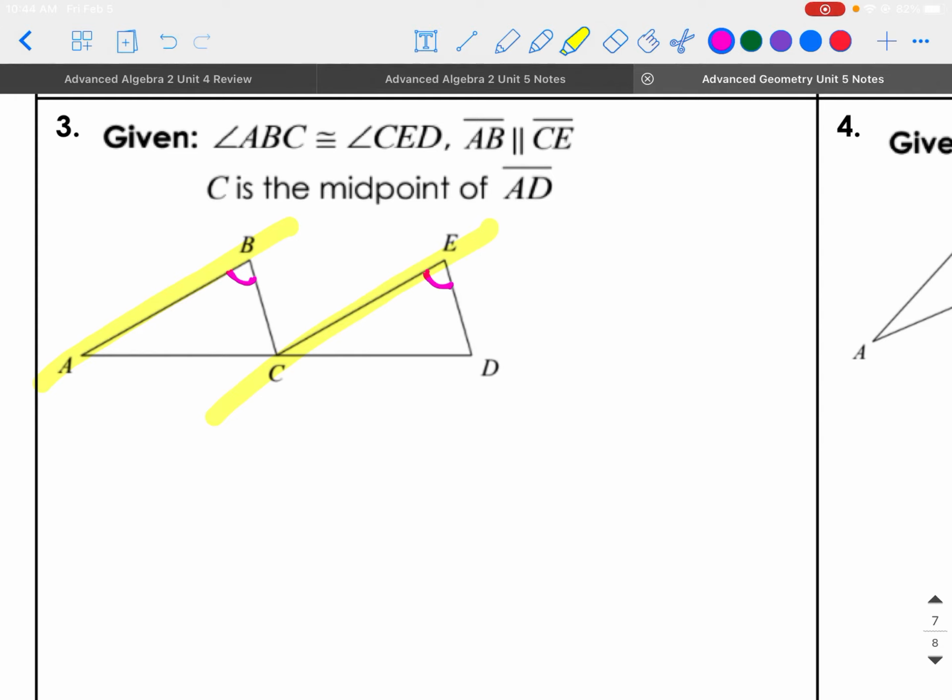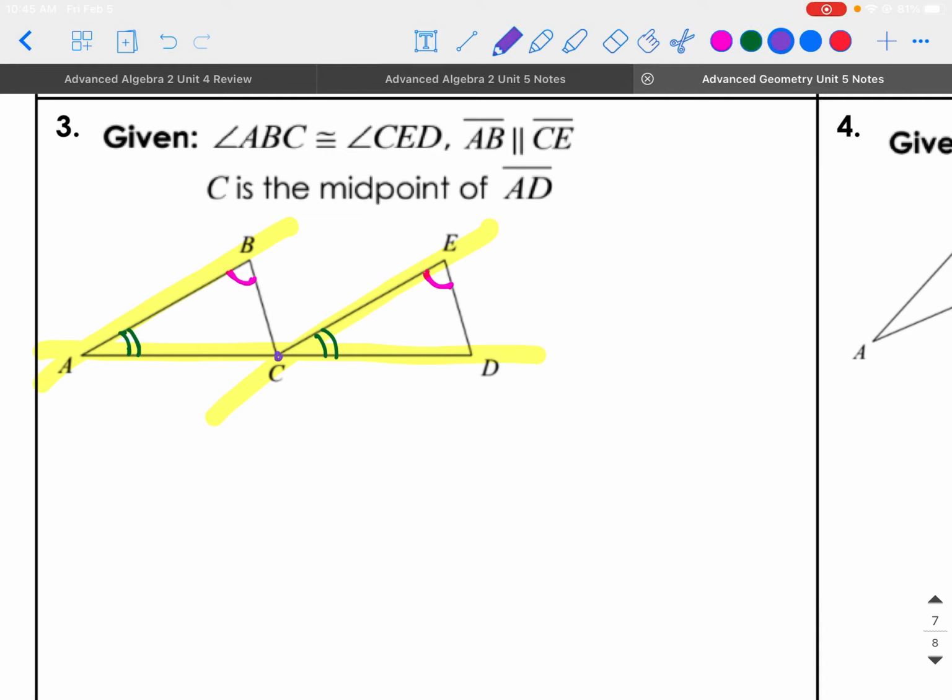So the transversal that runs through both triangles is this line down here. If I try to do alternate interior angles, I'm going to have some angles that are not in my triangle. But what I do have are corresponding angles. So those angles are congruent.